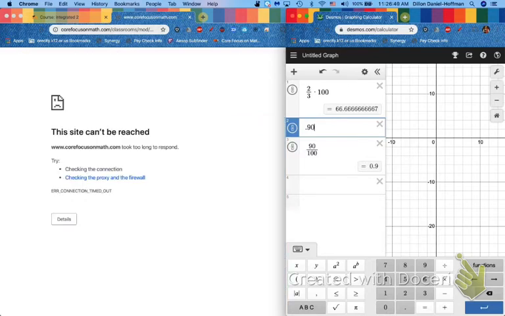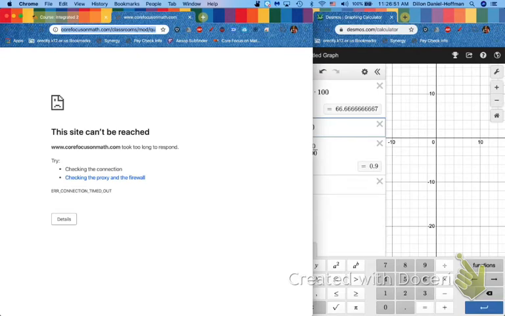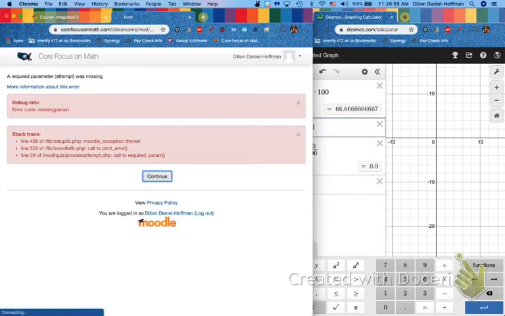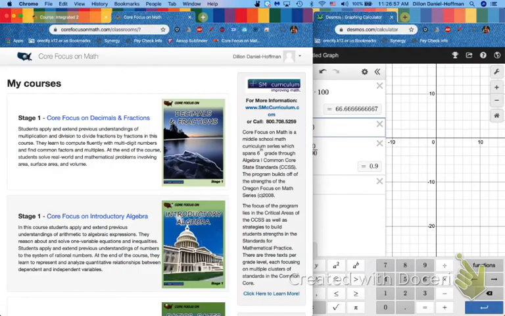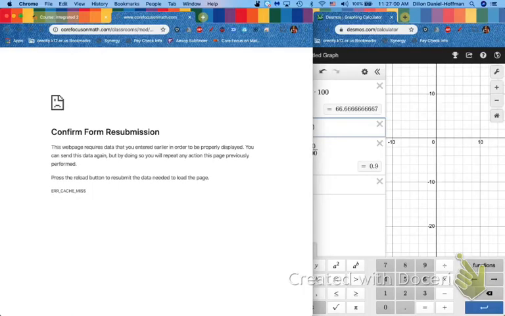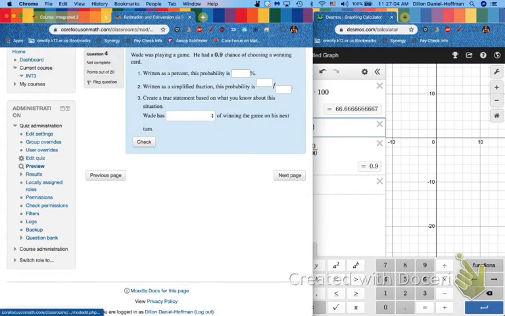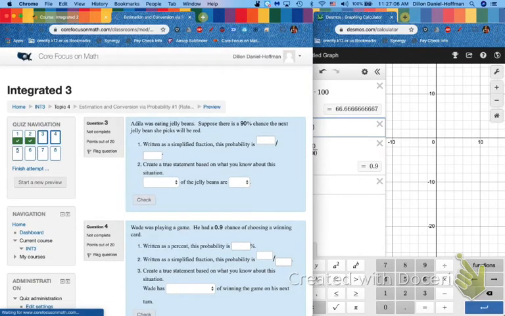Oh my gosh, did my internet just go out? Come on, Core Focus, you can do it. Oh boy. All right, let's try hitting back a few times, seeing if that works. I'm going to try hitting 5 and then going back.